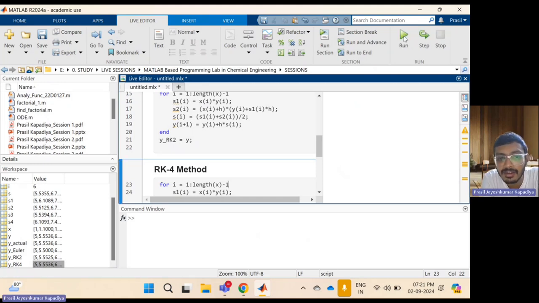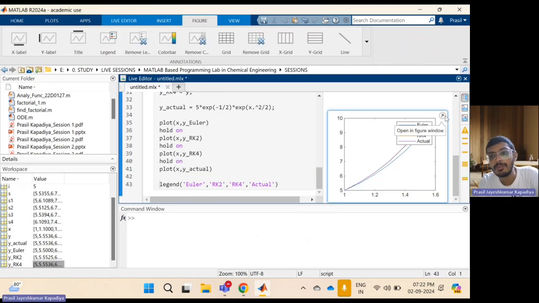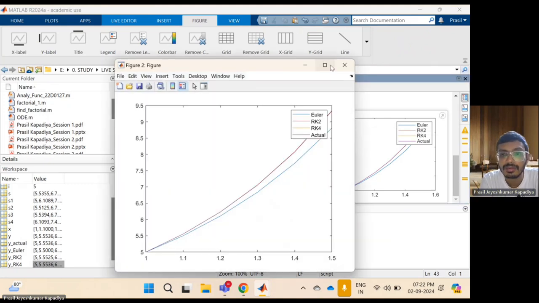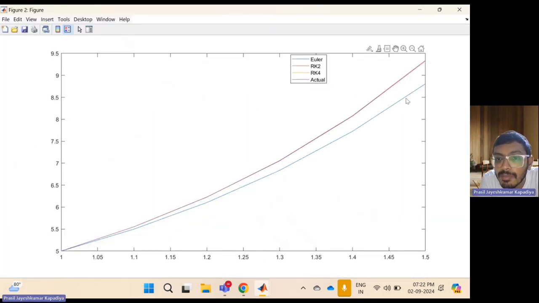It is still running. And okay, the plot is here. I will open it in a new tab. So see, this is the Euler method. RK2 is still seen as the red one, but RK4 and the actual are exactly coinciding with each other.